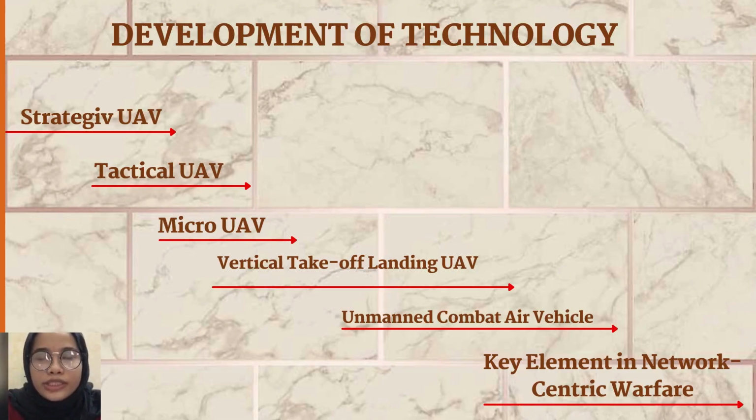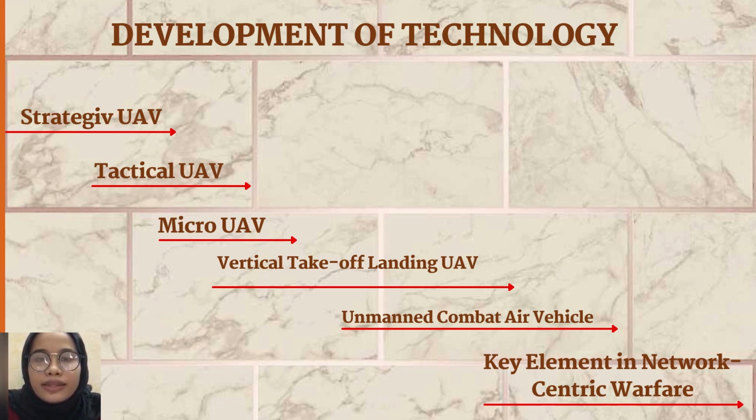Development of technology. First, strategic UAVs can grow in size for greater payload capacity, reliability, and endurance. Second, tactical UAVs will evolve toward a multi-role, multi-mission platform. The third is the micro UAV for military and law enforcement utility.